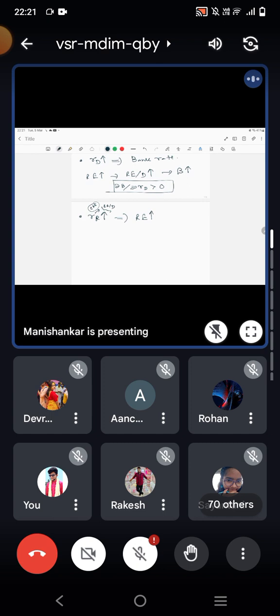So when your required value rises, excess reserve takes 0, that is actually our CRR. So required by deposit rises, your beta also rises. So del beta by del R, that is also greater than 0. Okay, the required reserve rises, your beta value also rises.